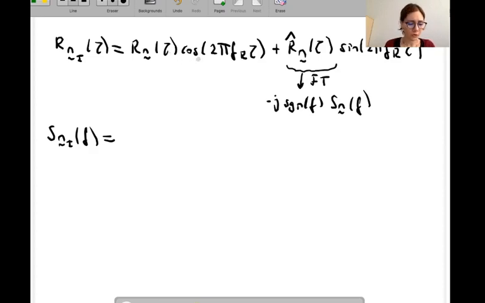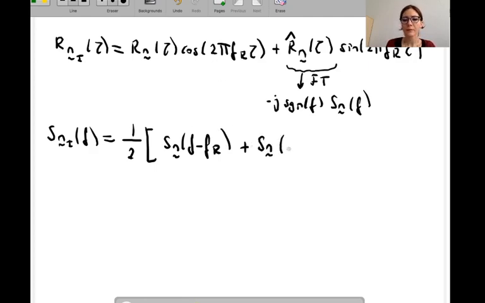So modulation by a cosine, we know that the effect it has on the spectrum is to take the spectrum, shift it to the right, shift it to the left, and it comes with a factor of 1 over 2. So let's write this down. It's 1 over 2 times the spectrum of this shifted to the right, Sn of f shifted to the right will be Sn of f minus fc, plus, again, Sn of f shifted to the left by the cosine, Sn of f plus fc.